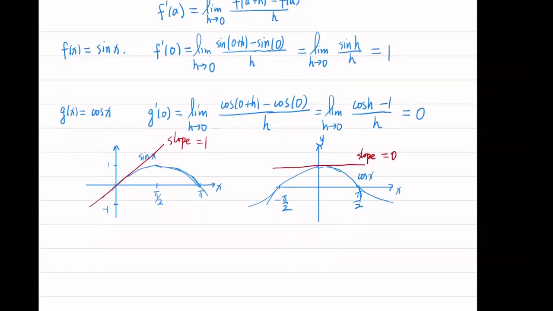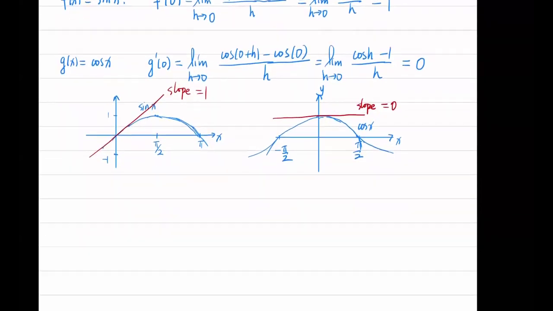That matches what we saw on the graph. For sine, the slope is positive; for cosine, it is 0. Next we'll go to the general case.